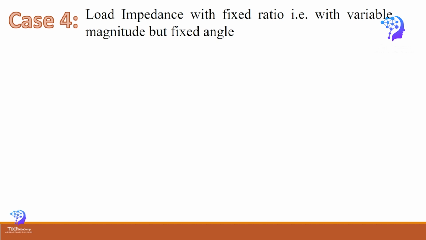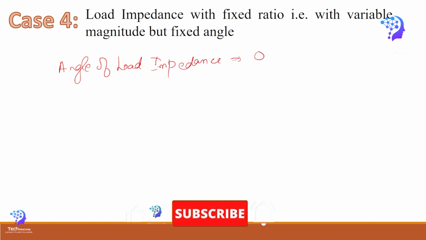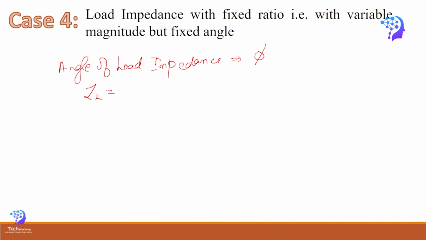Moving to the fourth case, which is the load impedance with fixed ratio. Now we have a magnitude as well as an angle. So for the angle, let us assume that the angle of load impedance is phi. So the ZL, that is the load impedance, suppose it's ZL cos phi plus j ZL sin phi.